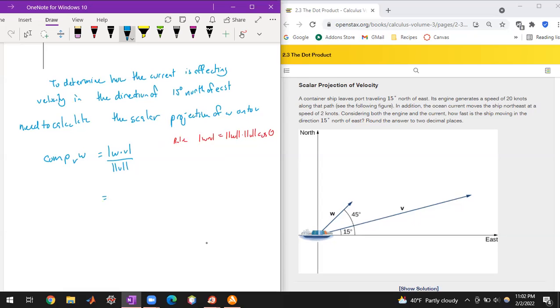The magnitude of W, let's write it out. We have this simplifying term, so that's very nice. The magnitude of W we said was 2 times cosine of, we are only interested in our angle between the two.